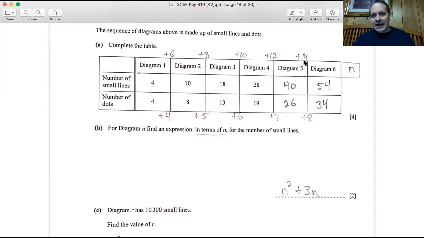So we want 5 squared. Remember, 5 represents my N. So N squared, 5 squared is 25. And if I take that out, that leaves me with 15. 40 minus 25 is 15.